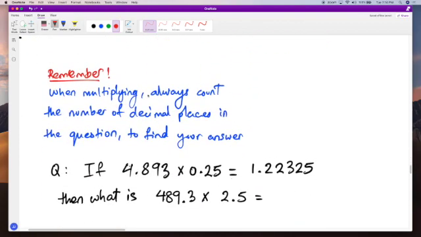Remember, when multiplying, always count the number of decimal places in a question to find your answer. This is a question that they love to bring in a maths paper 1. They bring this question or questions like this pretty much every paper 1. The question says, if 4.893 multiplied by 0.25 is equal to 1.22325, then what is 489.3 multiplied by 2.5?